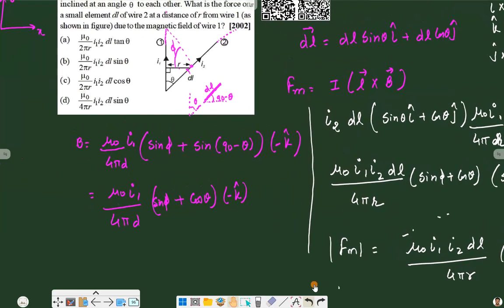One mistake we made here, let's correct that. Sorry, no mistake, because we took sin of 90 minus theta, and phi is as it is.